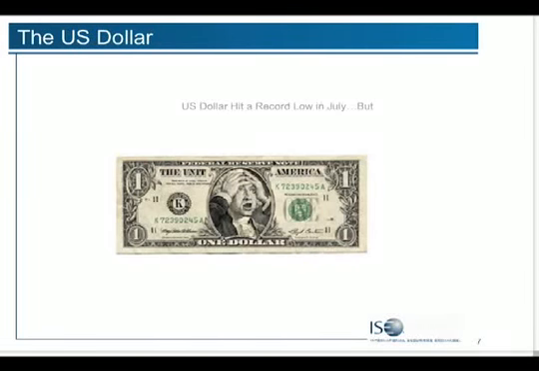So, the U.S. dollar has had a tremendous amount of activity over the past few weeks. If you take a look at any chart, you'll see that up until July, the dollar was on a one-way downtrend.